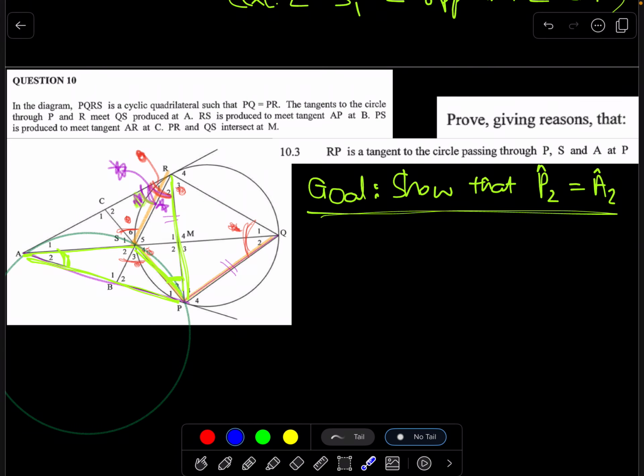How did I do it? Yeah, and that's quite a central piece, eh?